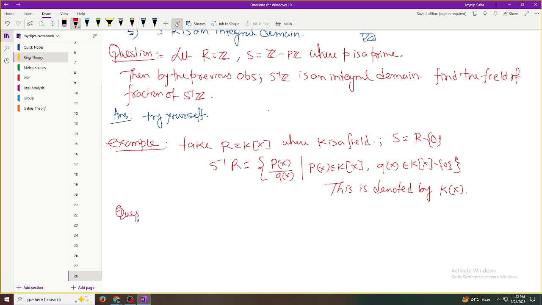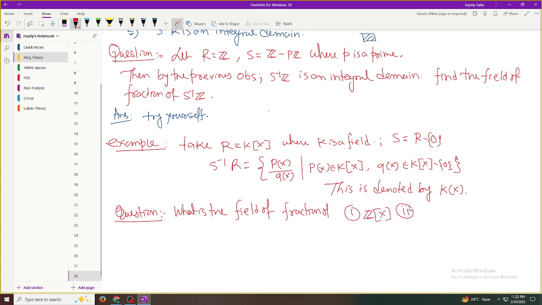Question: what is the field of fractions of these? Number 1, Z[x].